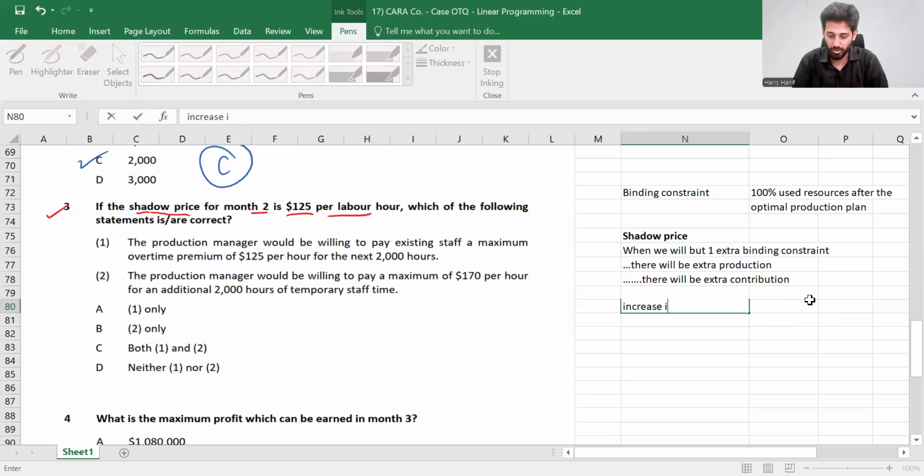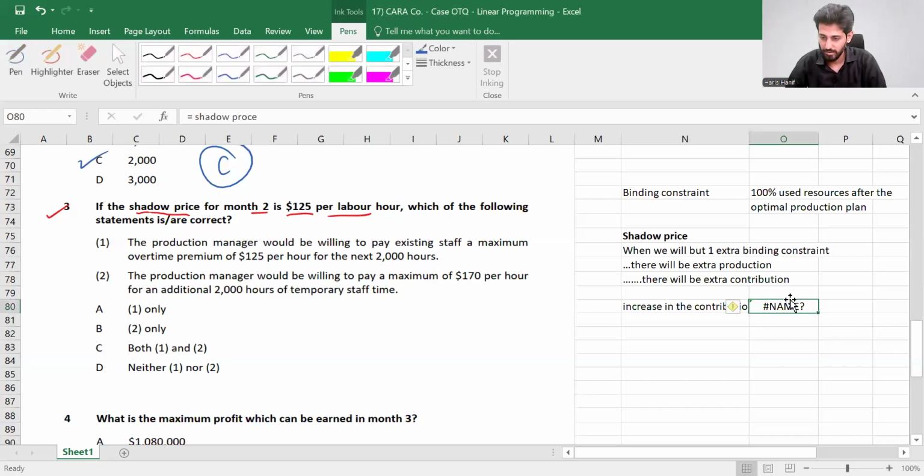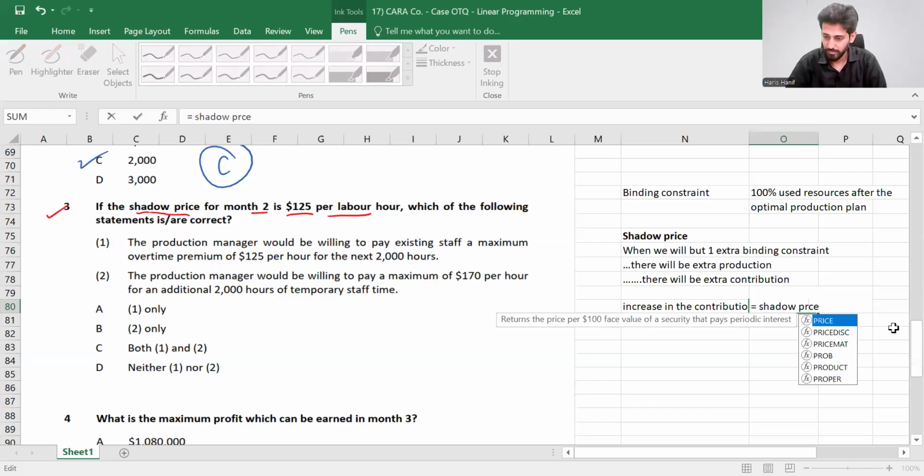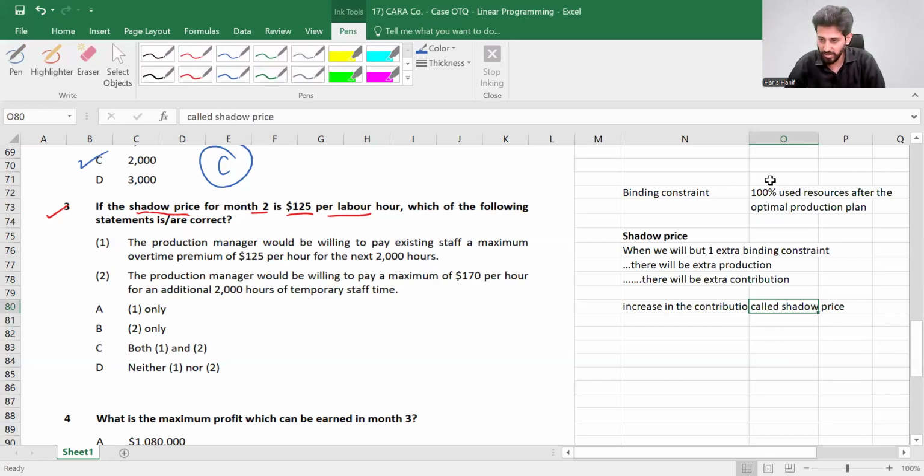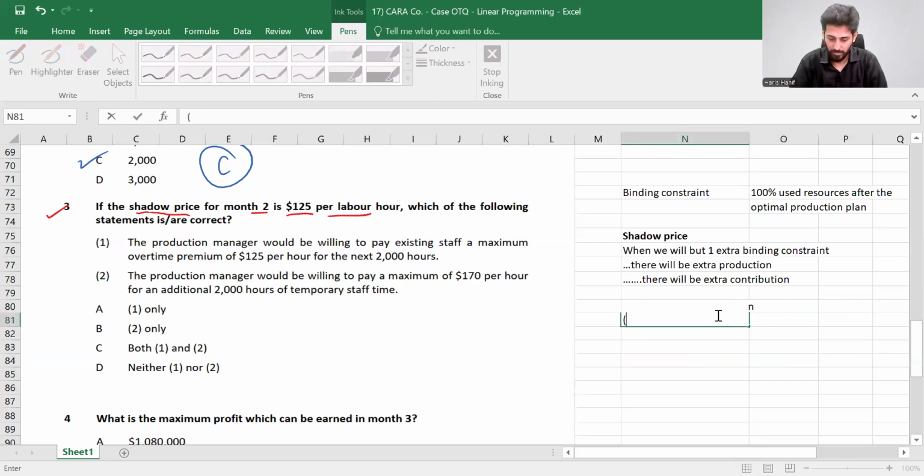The increase in the contribution is called shadow price.